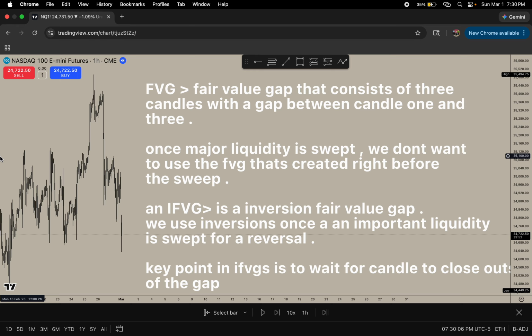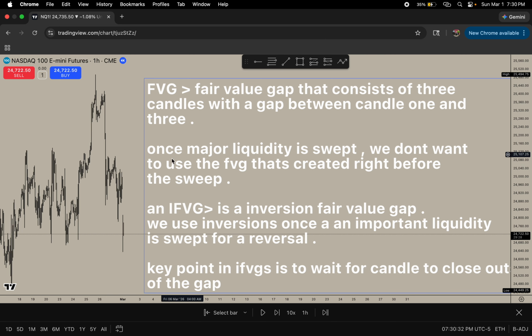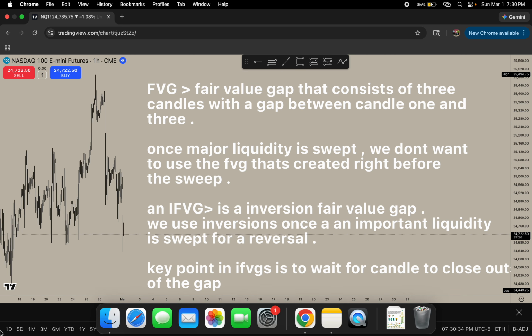I'll make a part 2 to liquidity as well in the next video, but for right now, this is so far what I have for you guys. We'll go over SMTs. I'll make another liquidity part 2.